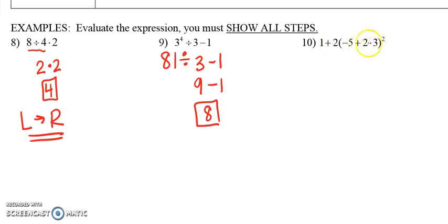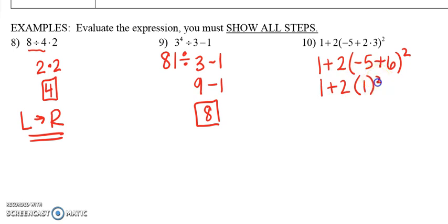Over here, we've got a parenthesis. We work on the inside first. Don't worry about that little 2 on the outside there. Multiplication comes before addition. So I'm going to do my 2 times 3 first, which is 6. We're still working on the inside of that parenthesis. So we're going to do negative 5 plus 6, which is 1. Again, the parenthesis is keeping things out right now.